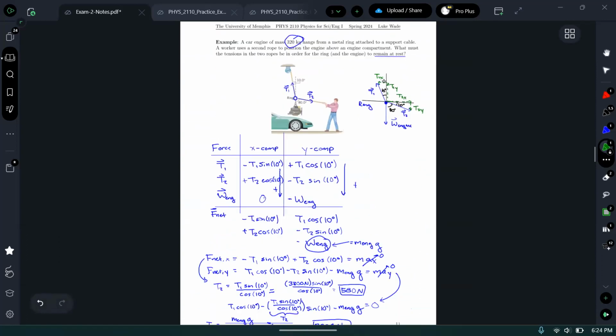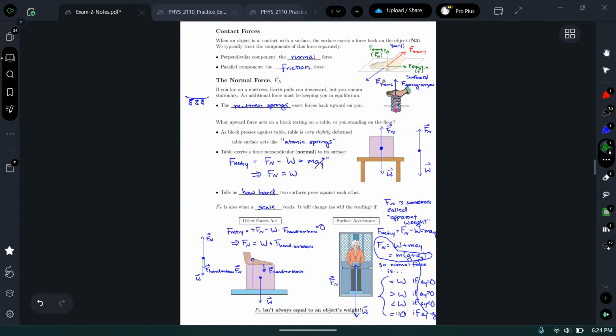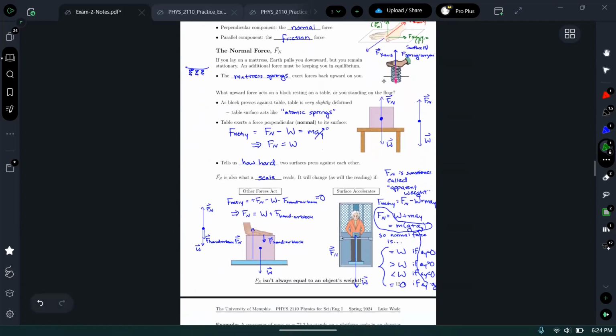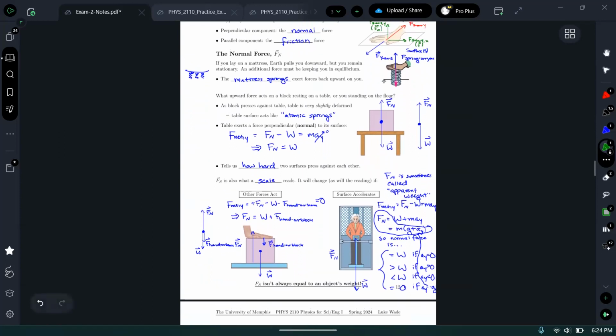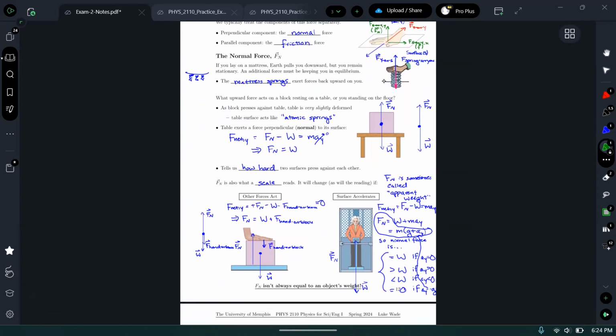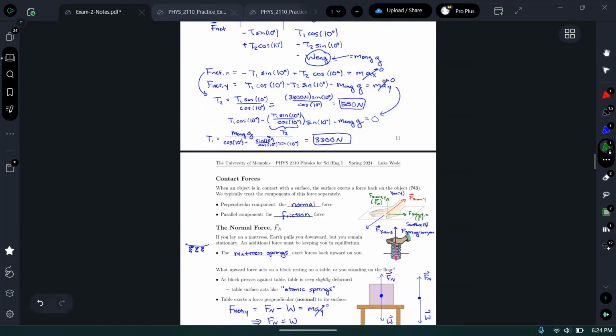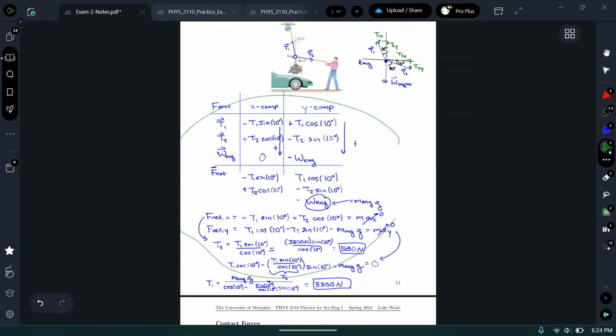They are whatever they need to be in order for the problem to work out. They are just sort of a free thing that only gets decided based on whether your system is accelerating or what other forces are acting. And so the only way you can ever find tension or normal force is through the usual look at the net force in the x and y directions, similar for this problem.